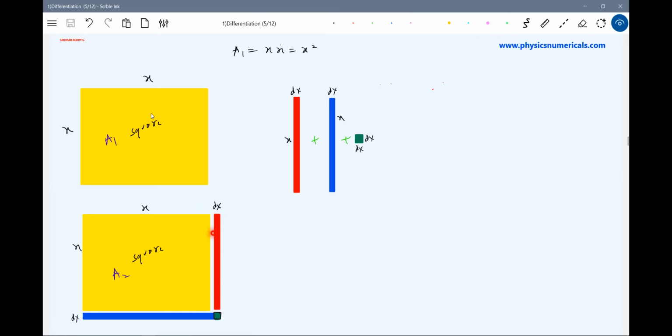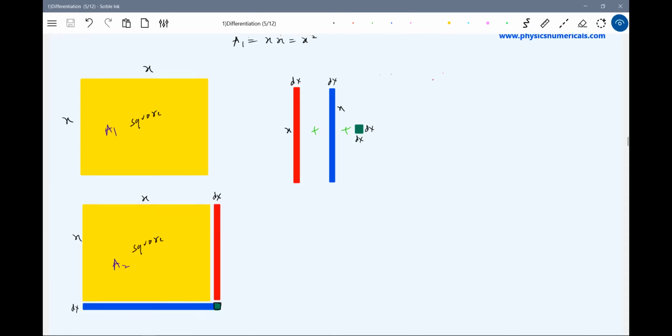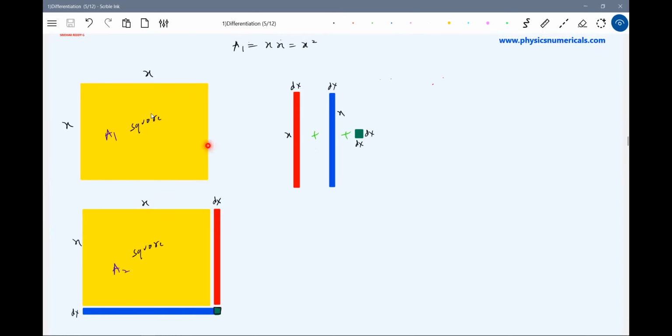So what was the change I produced here? Change in area. So here dx into this is x, no? This is x into dx. This much of additional red color strip is being added. I've just incremented the area. I produced some change in area.